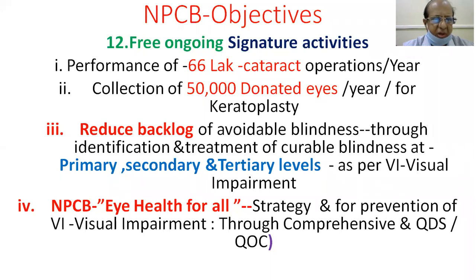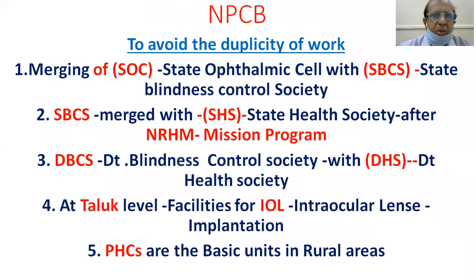Eye health for all strategy, NPCB strategy for prevention of visual impairment through comprehensive care and quality delivery services. Quality of care. To avoid duplication of work, merging of SOC with the SBCS, and SBCS merged with the SHS after the NRHM, National Rural Health Mission Program.